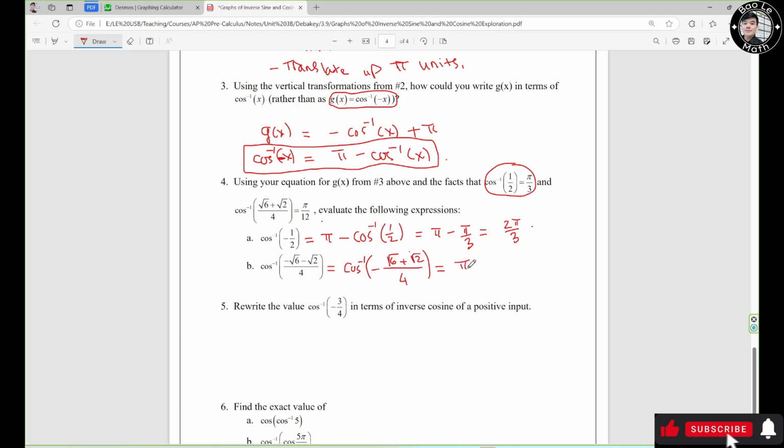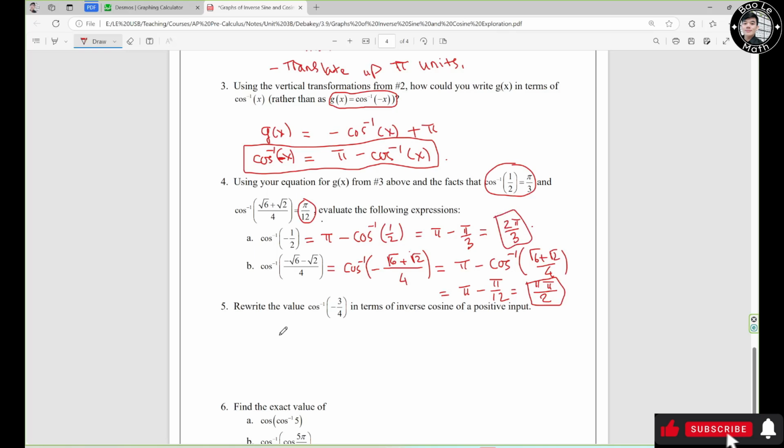It's going to be pi minus cosine inverse of root 6 plus root 2 over 4. Now it's going to be pi minus, this guy is the same thing as pi over 12 right here. So I put pi over 12, and then I simplify, it's going to be 11 pi over 12. This is the answer.